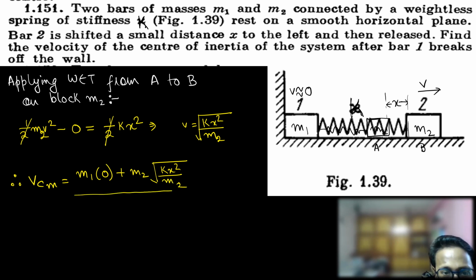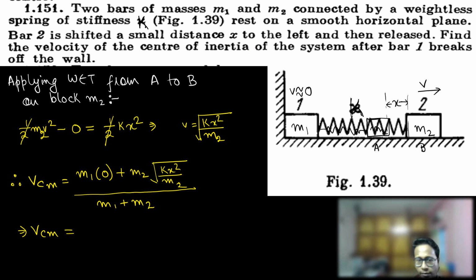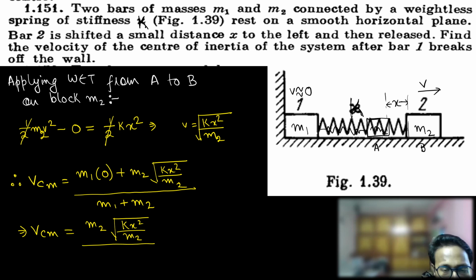See, in Irodov, center of inertia and center of mass are the same. So it is m2 times under root of kx square by m2, divided by m1 plus m2.